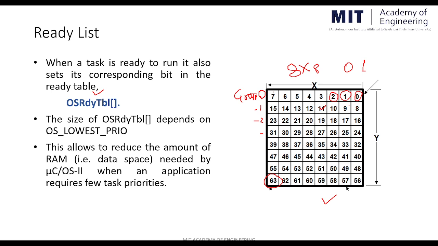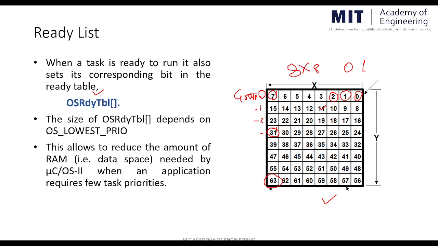So if this bit has value 1, we can state that the priority 7 task is ready to run. If this bit has value 1, then the task having priority 31 is ready to run.